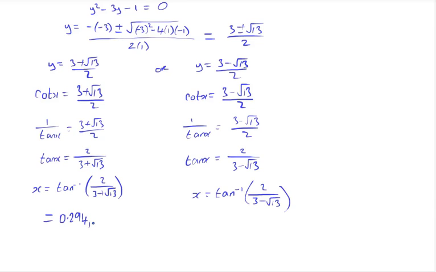But x has to be between pi and minus pi, which is 3.14 and minus 3.14. So we can't add pi to this, it will fall outside of our range. If we take away pi from this value, we get minus 2.848 to 3 decimal places. Putting this in your calculator, we get minus 1.277, and adding pi to this value gives us 1.865.